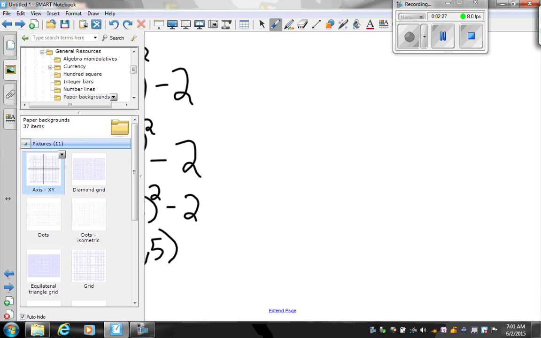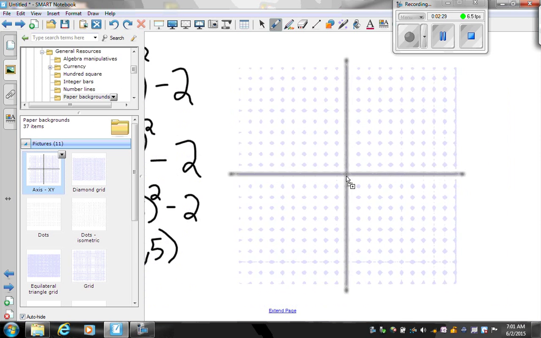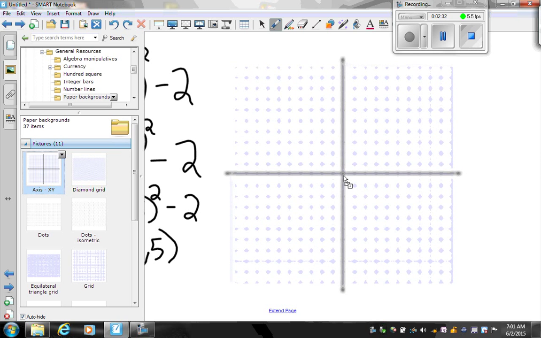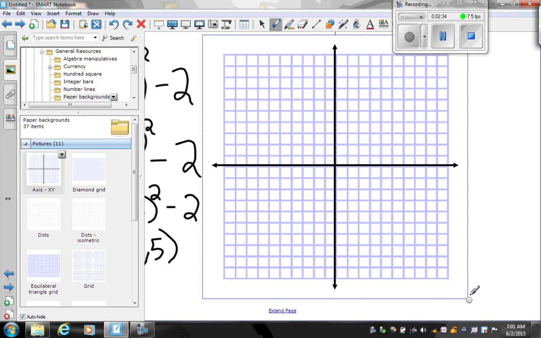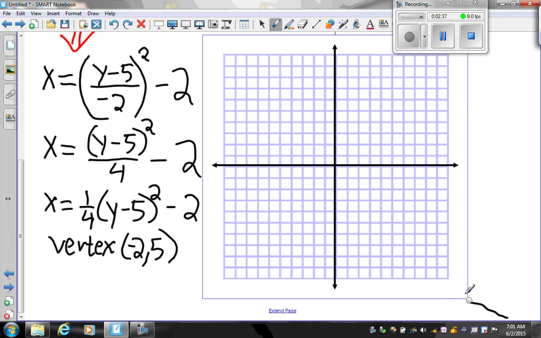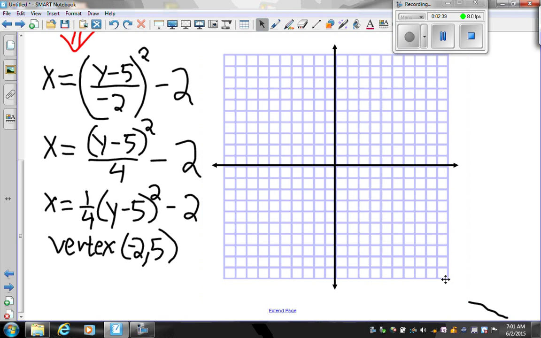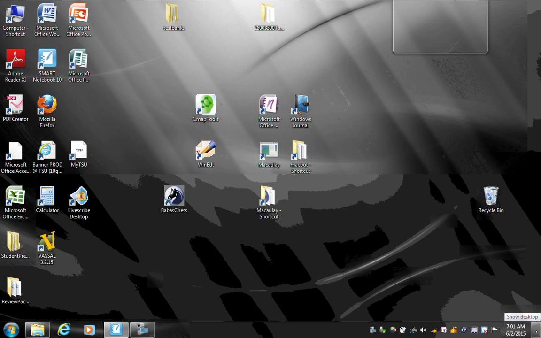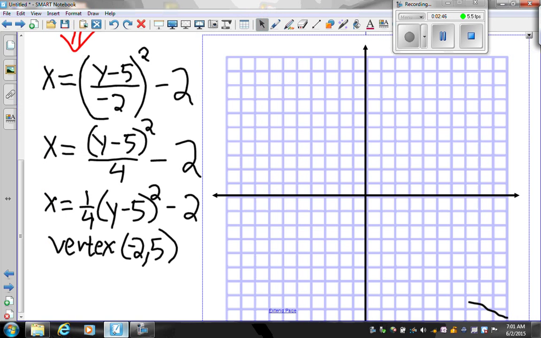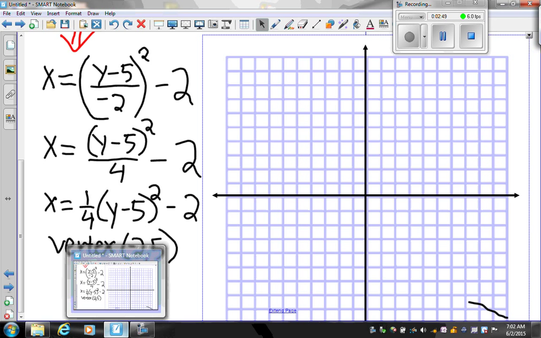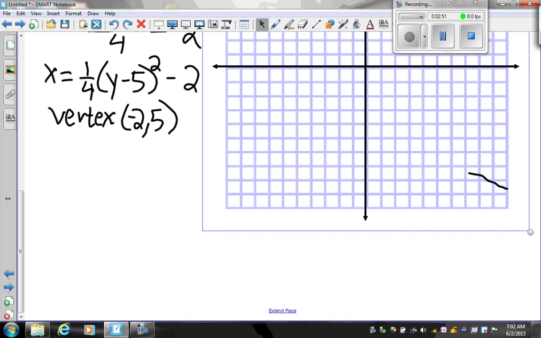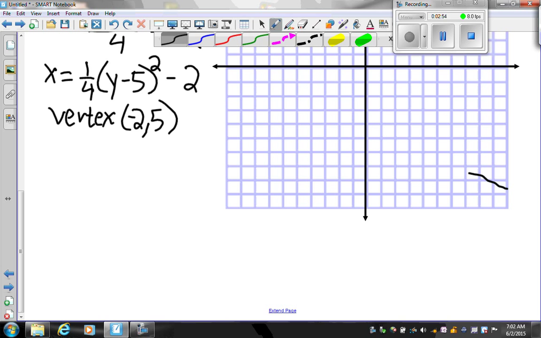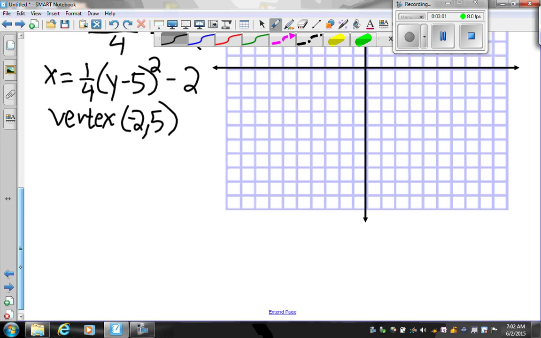So we could put our Cartesian coordinate plane right here. And now we can plot our graph.